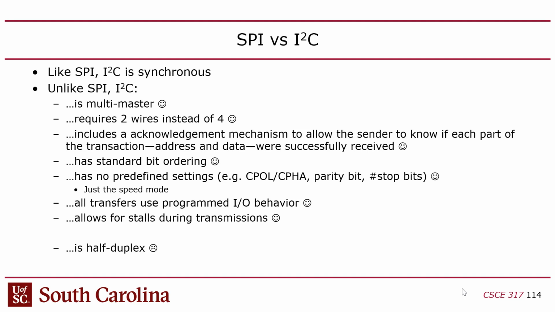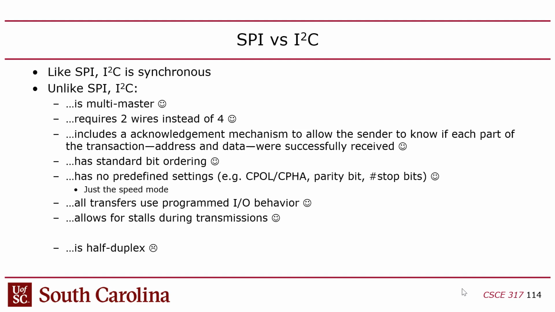I2C is more tightly controlled than SPI. It has standard bit ordering. It has standard speeds that it can run at. Unlike SPI, where you can use any bit ordering you want and run at any speed you want. It's just not as tightly defined, whereas I2C is a little bit more standardized.